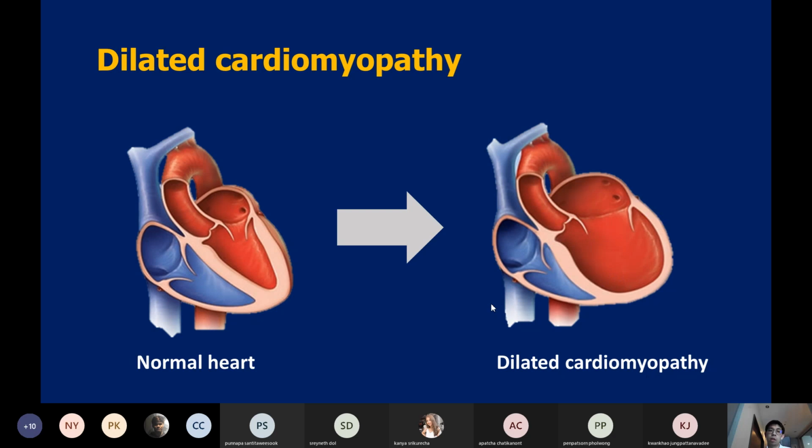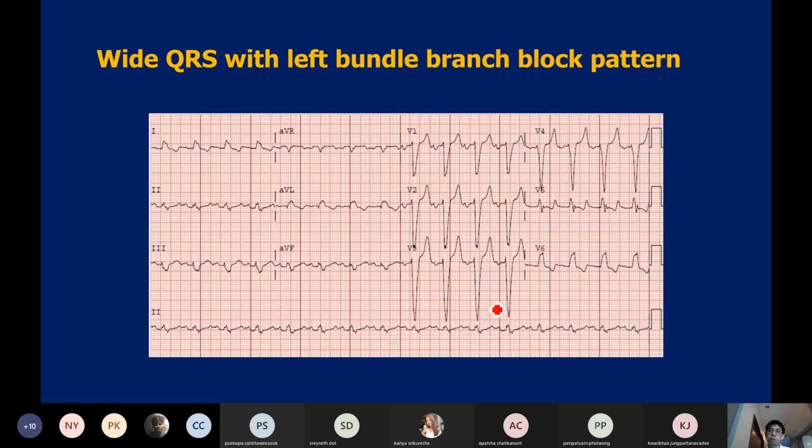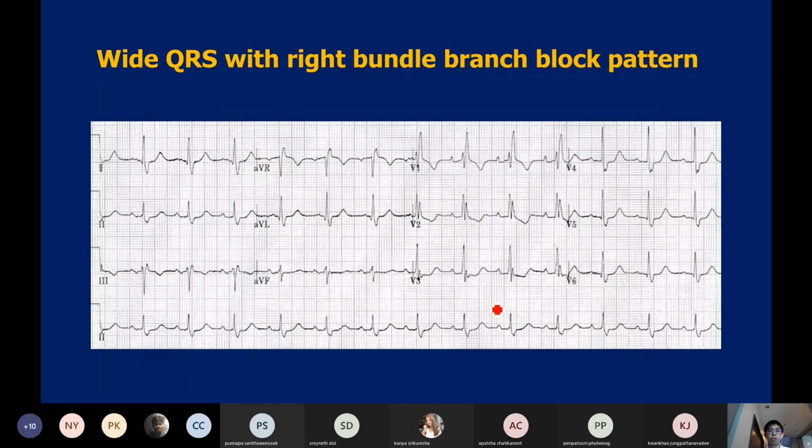So the ECG would result in a wide QRS complex with a left bundle branch block pattern. And in some patients, if the right heart is also dilated, we could see a wide QRS complex with a right bundle branch pattern.